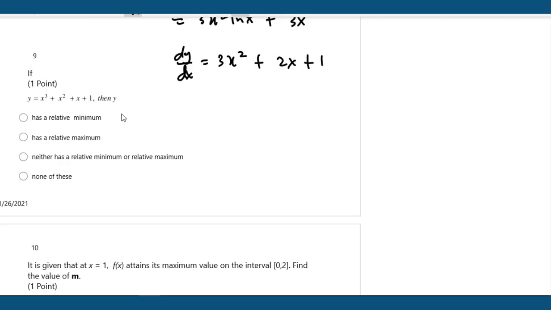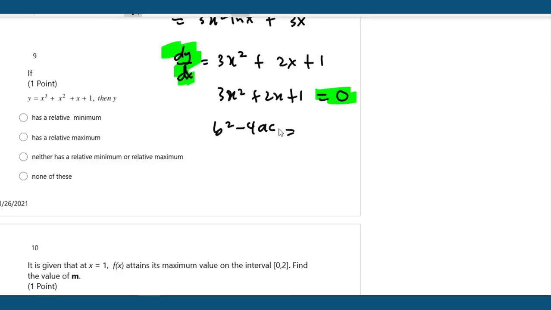The relative maximum or minimum happens when dy/dx is equal to 0. So 3x squared plus 2x plus 1 is equal to 0. Try to factorize and your calculator gives the answer in complex numbers. This means there is no real root, and then no maximum or minimum. Actually, you can also check using the discriminant.